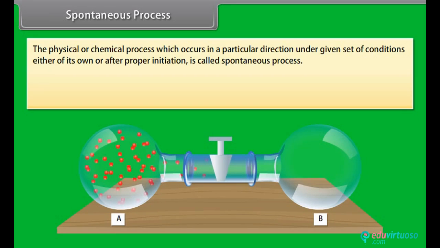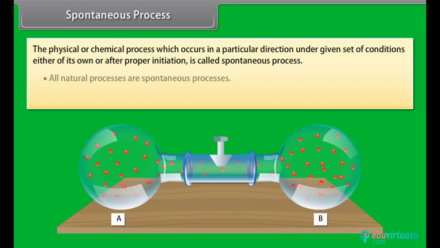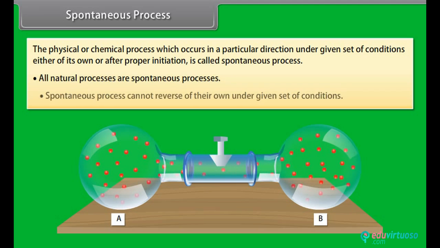A spontaneous process. A physical or chemical process which occurs in a particular direction under a given set of conditions, either on its own or after proper initiation, is called a spontaneous process. All natural processes are spontaneous processes. A spontaneous process cannot reverse on its own under a given set of conditions.